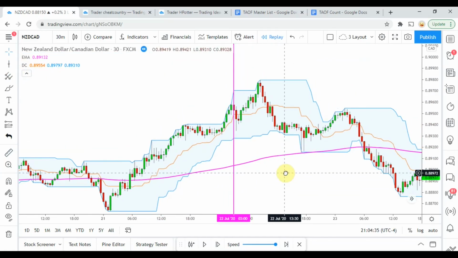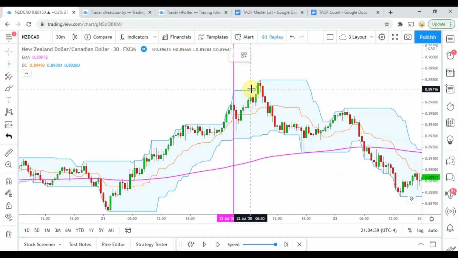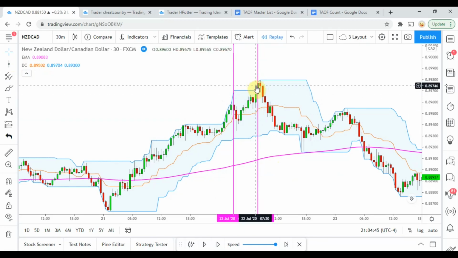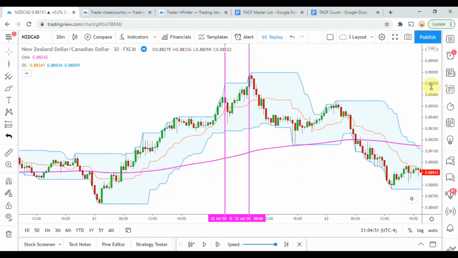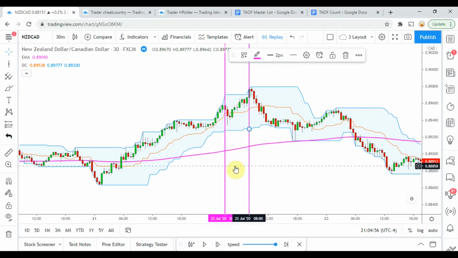And then if we would have tracked this forward, we actually would have taken another entry right there as it made a new higher high on the upper band of the channel. And so that was rather interesting kind of concept there.